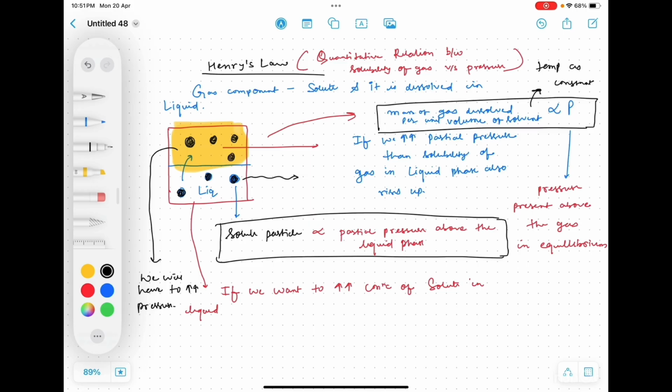So this relation I can write as: the mass of gas dissolved is related to pressure by a direct relationship. When this direct relationship is removed, we get a constant, and K is the proportionality constant.